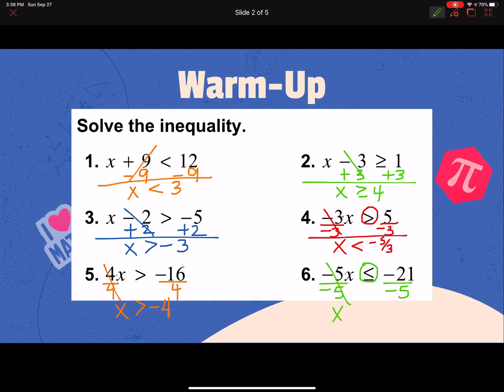Bring down your x, reverse your inequality sign to greater than or equal to, and negative 21 divided by negative 5 simplifies to positive 21/5. And you can leave it as an improper fraction. 5 and 21 do not have any common factors, so it is truly in simplest form.